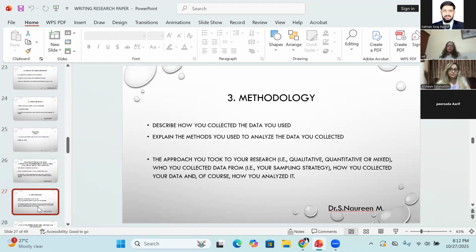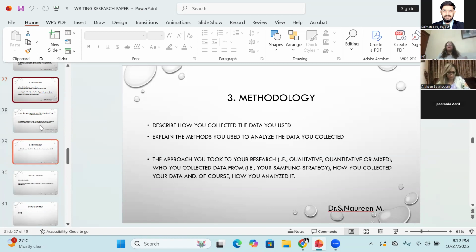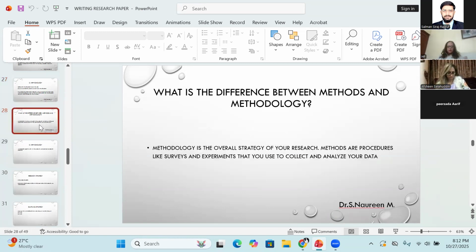So who you collected data from, your population, your sampling, all of it will be going into this section of writing methodology. You have to be clear on this, and it will be easier this time, because writing it for the first time when you're writing the proposal would be difficult. This time it's easy. Yes, that's good news for you.